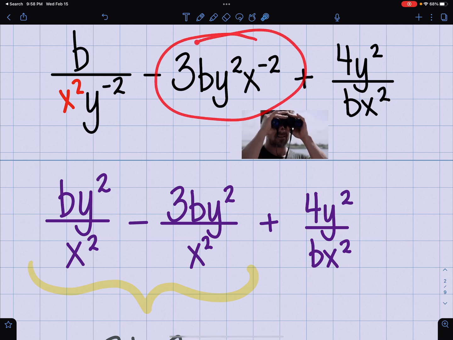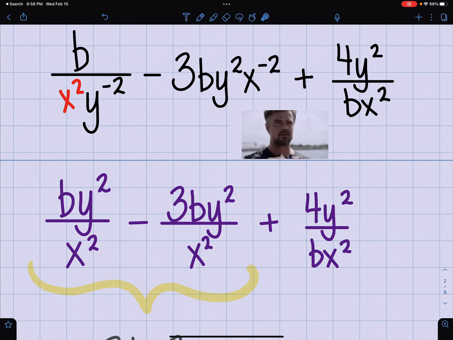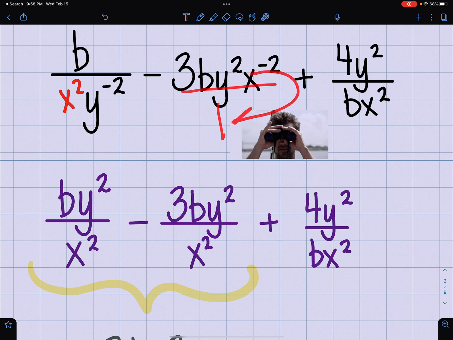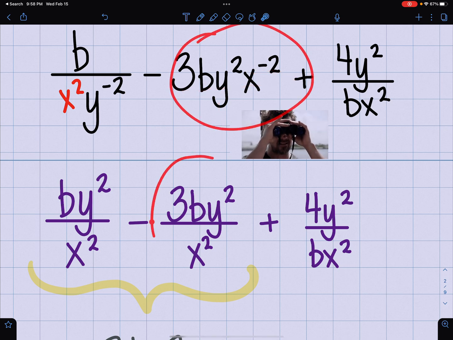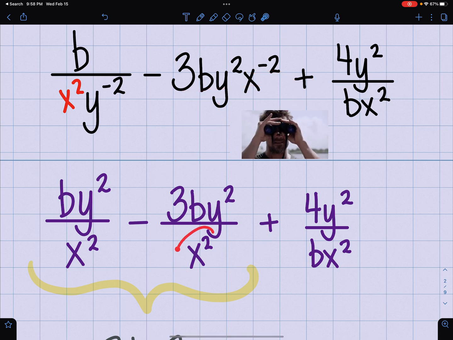I want to change this so that all of the exponents are positive. This one's negative, so I'm looking at that x to the minus 2. All I want to do is make it a fraction, move the x on the bottom, and change the sign of that exponent. So when I do that, this becomes this. See, that x is now on the bottom, and it's x squared, positive exponent.